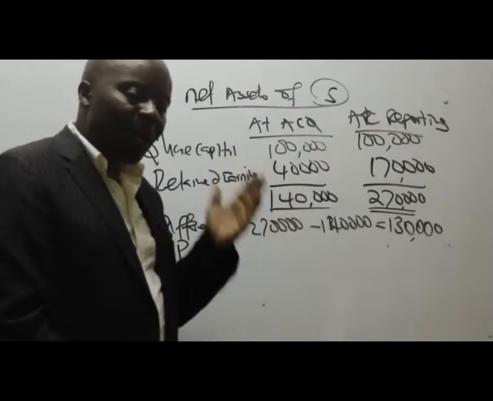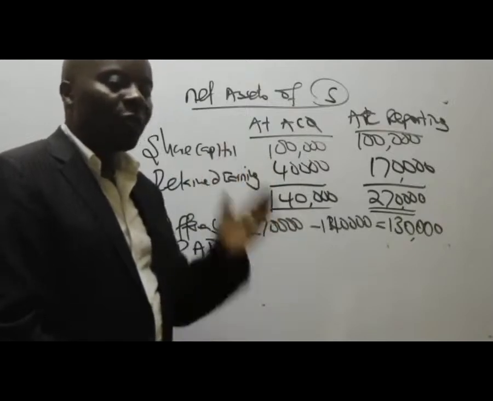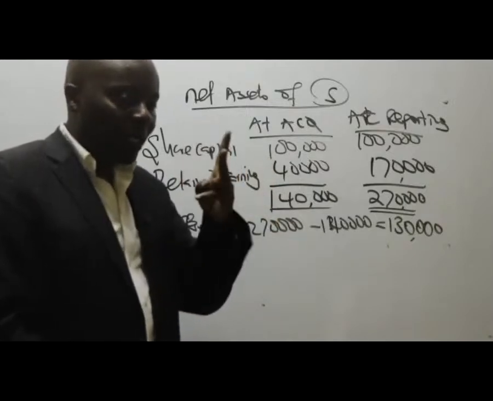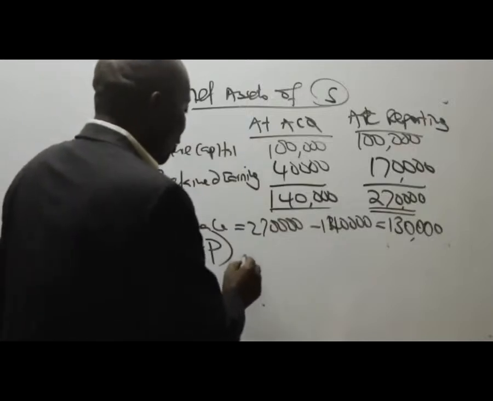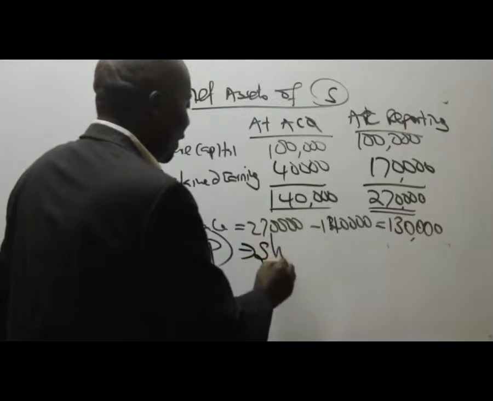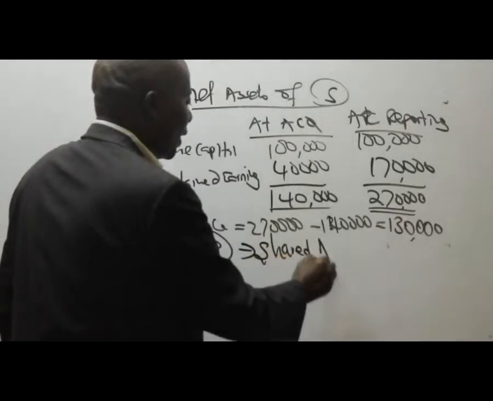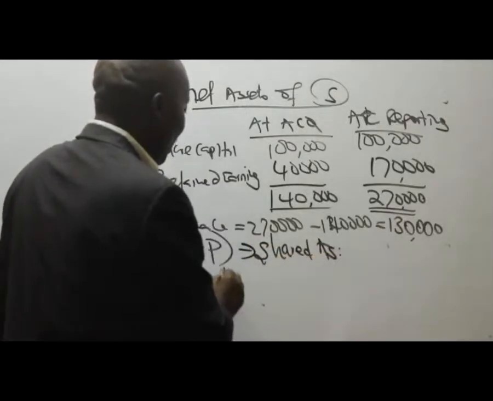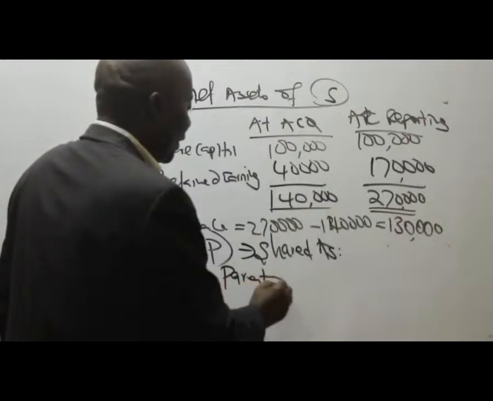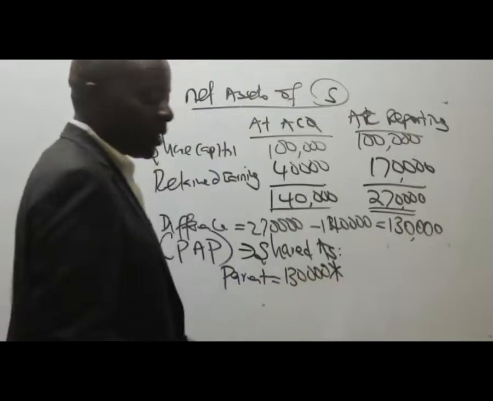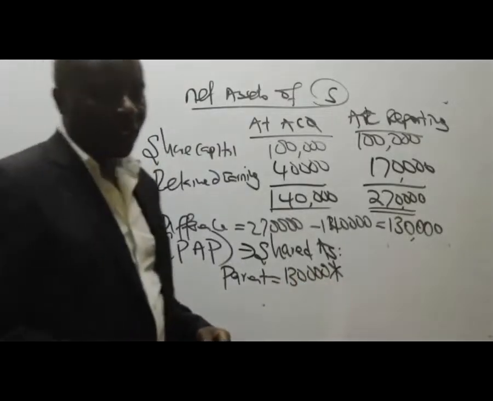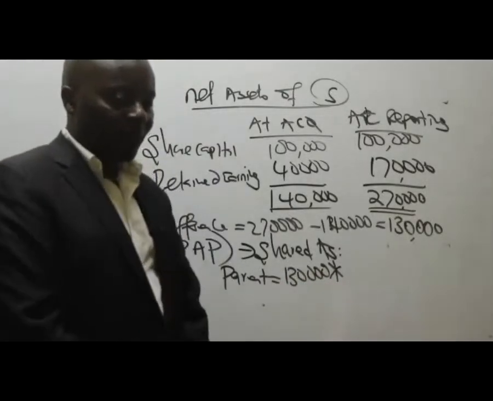So remember that PAP is normally shared out right away to the two owners. Go ahead and share PAP to the two owners. Shared as follows. We have here the parent. The parent takes 130,000 times what percentage?